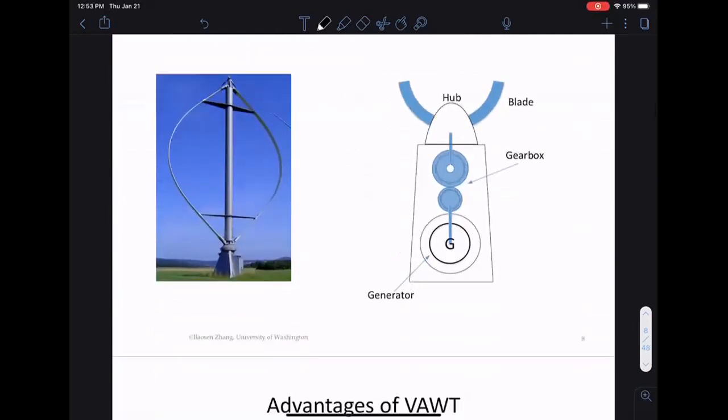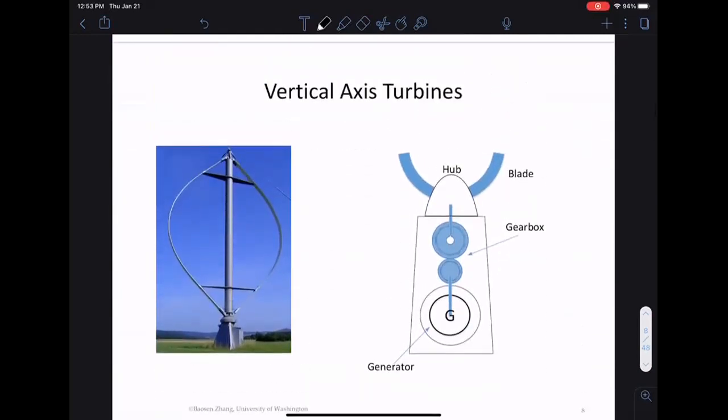So you do see this type of design somewhat increasingly: vertical axis turbines. Basically, you have this sort of vertical blade spinning this way.